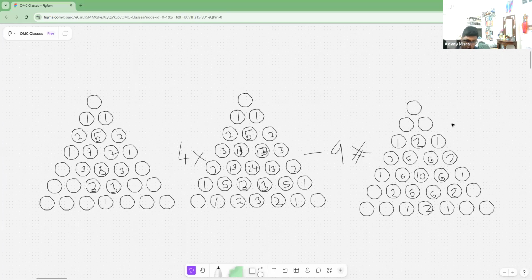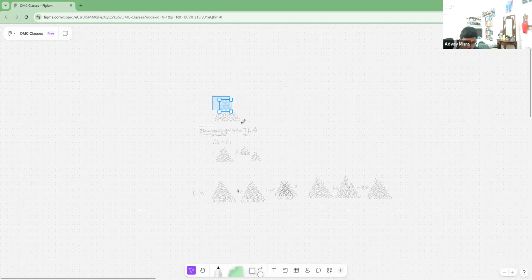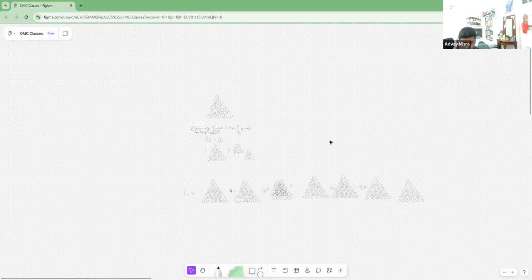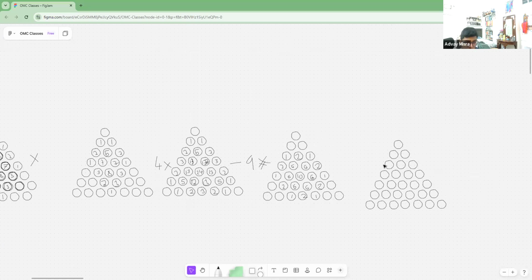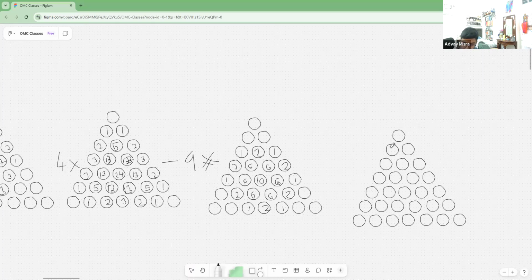So now for the subtraction, I'm just going to... So you get, it's useful that both of these are symmetric in ABC. So if you see, they have this vertical symmetry and they also have rotational symmetry.